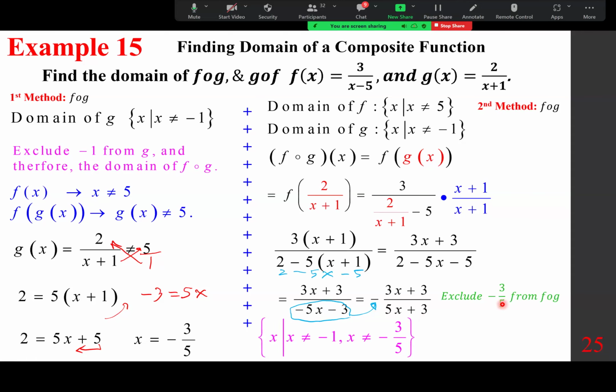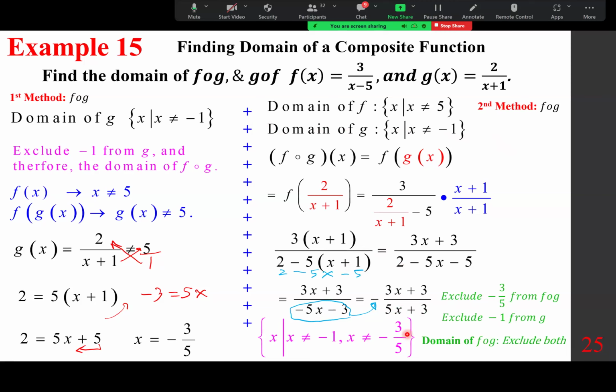So you exclude negative 3 over 5 from the result of f of g. So in other words, find f of g. You can see the domain easily. And then, because it's f of g, you look at the domain of g, negative 1 from here. And as you can see, exclude both for the domain of f of g, and that's exactly what we got.